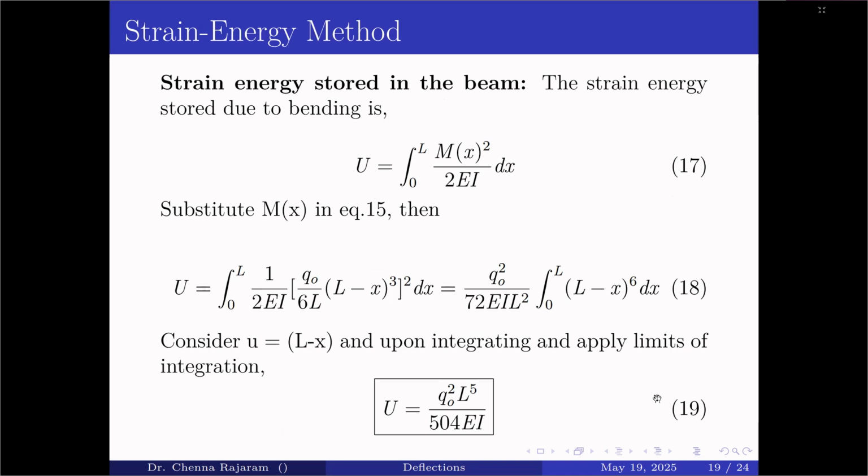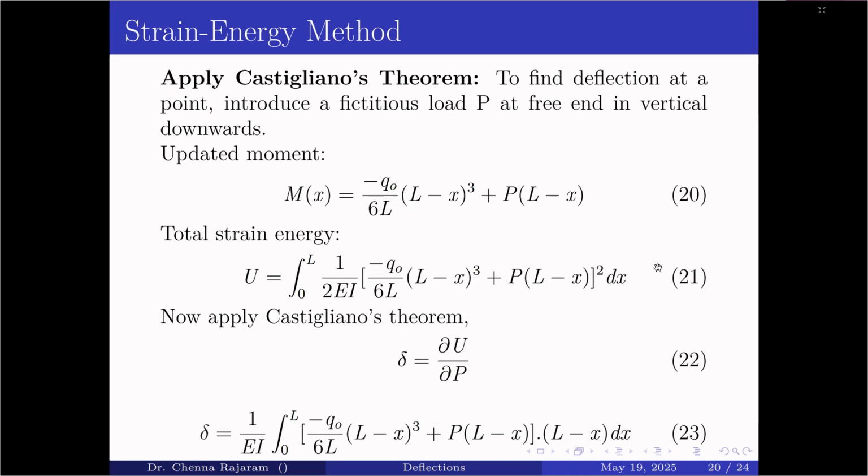So the updated moment is M(x) equal to minus Q naught divided by 6L into (L minus x) whole cube plus P into (L minus x). This P is the fictitious load and L minus x is the perpendicular distance. Then the total strain energy is U equal to integral 0 to L of 1 by 2EI into the updated moment whole square into dx.